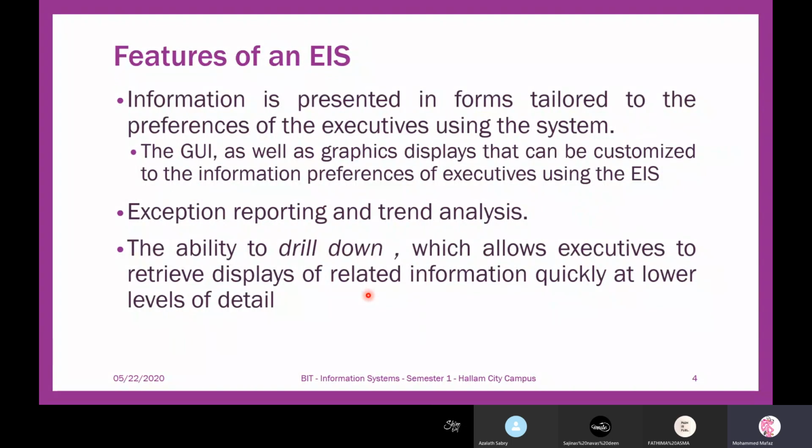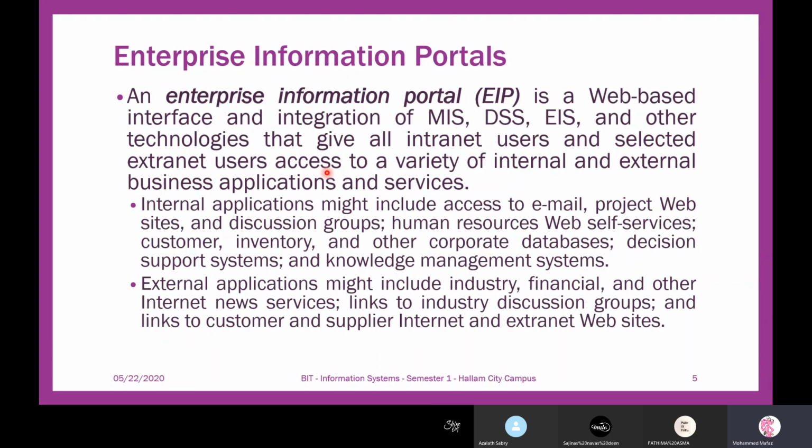Right. An advanced version of EIS is now called Enterprise Information Portal. So it is a web-based interface and integration of MIS, DSS, and EIS together, and other technologies that give all internet users and selected external users access to a variety of internal and external business applications and services.